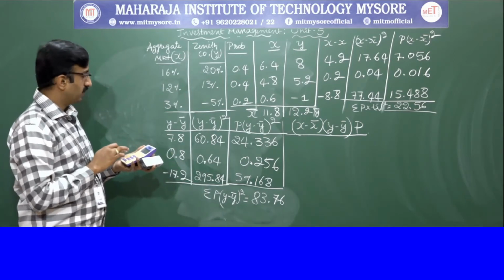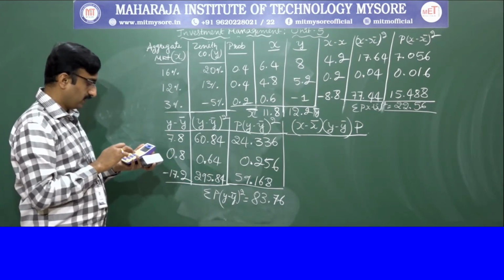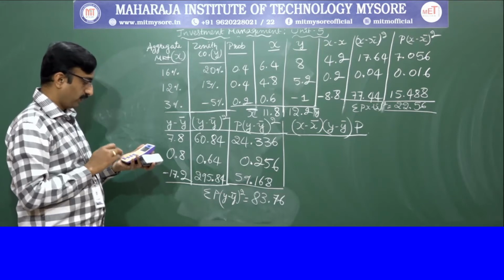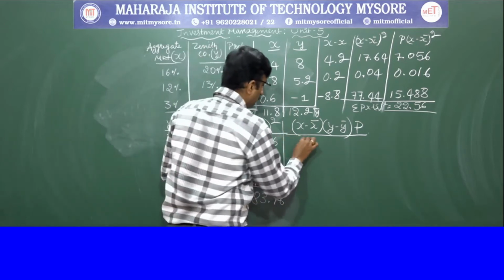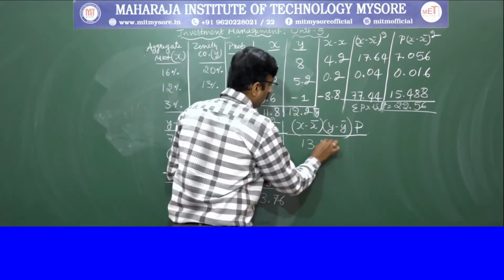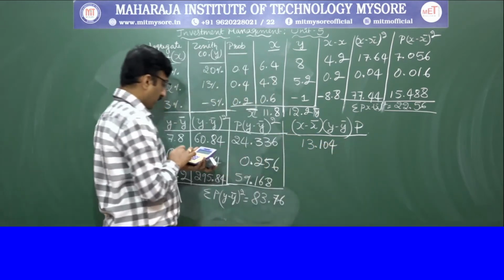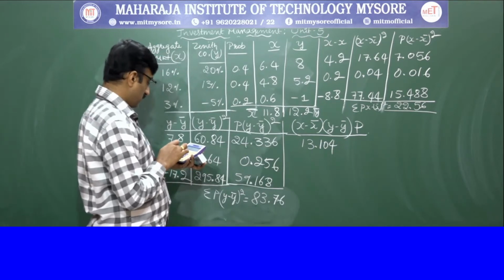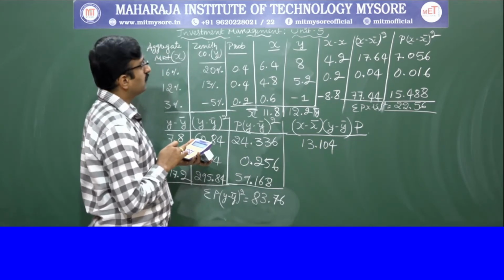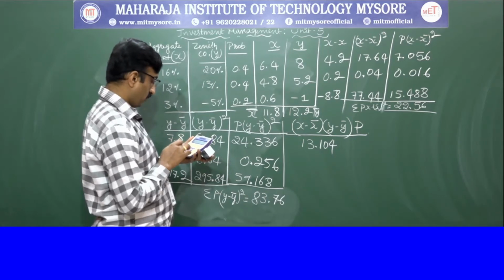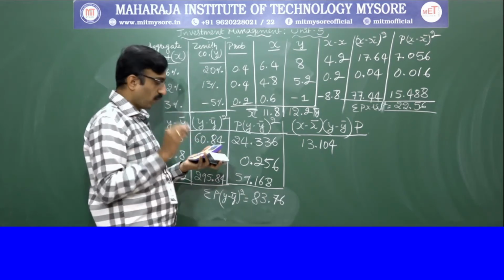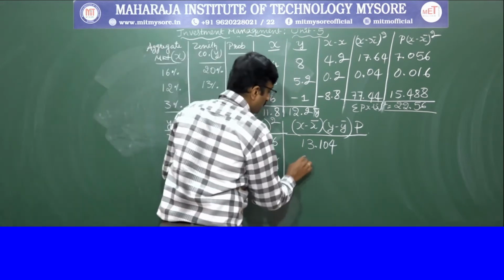0.2, y minus y bar is 7.8 into 0.4 probability. You will get 13.104. Next, second one, 0.8 into x minus x bar is 0.2 into 0.4. So, we will get 0.064.